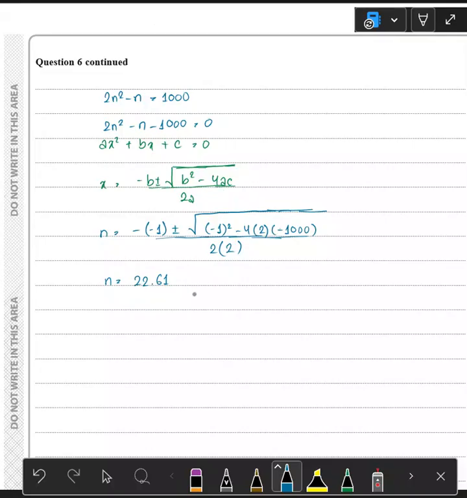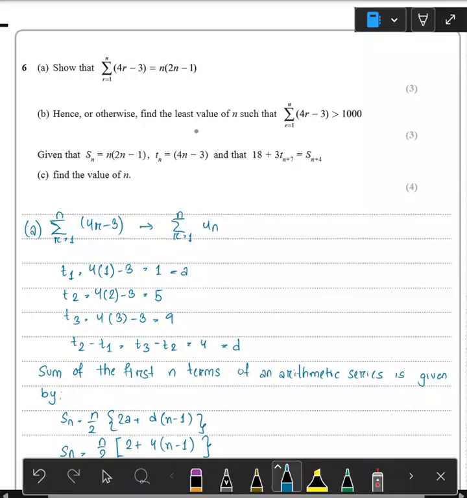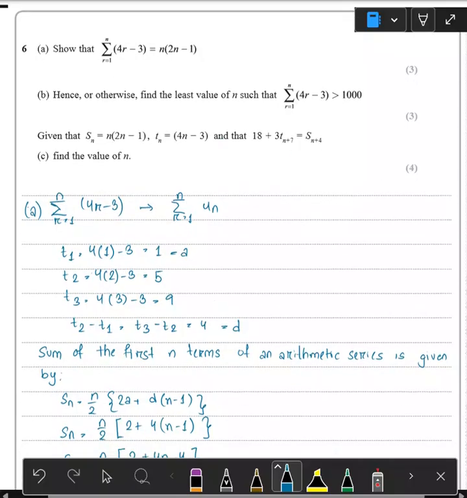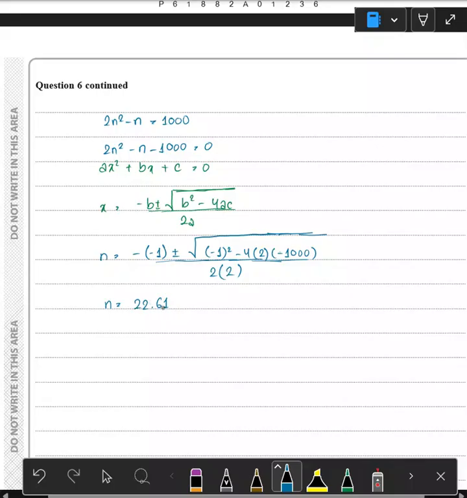So for the least value of n, such that this is greater than 1000: if 22.61 number of terms, which is not viable, were actually added together, then the summation of those terms would be equivalent to 1000.